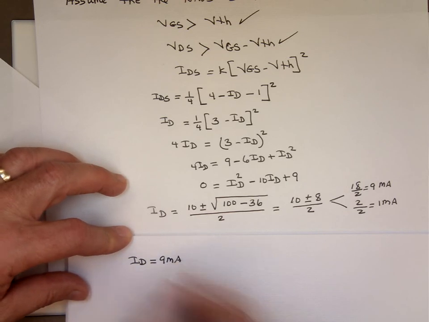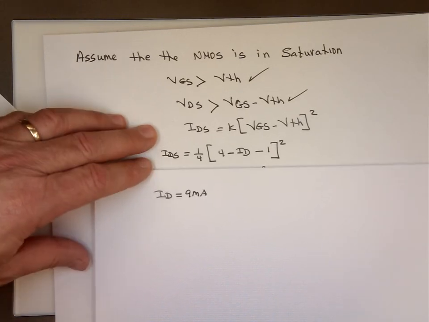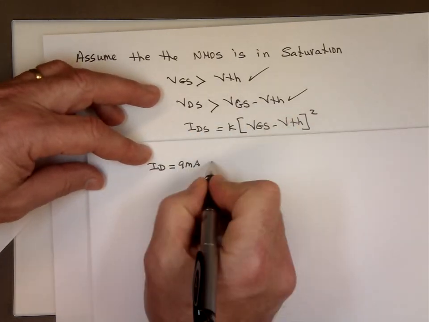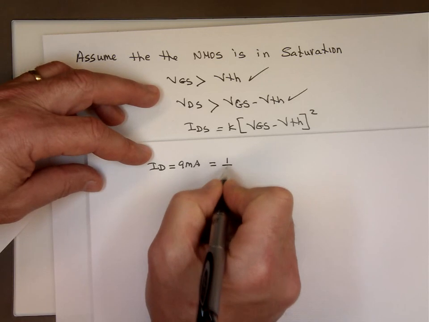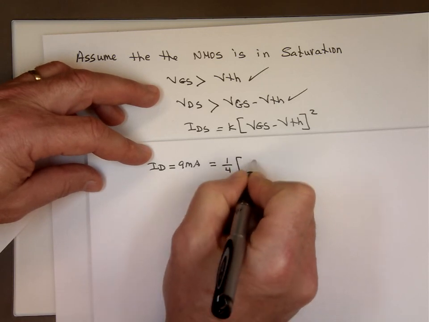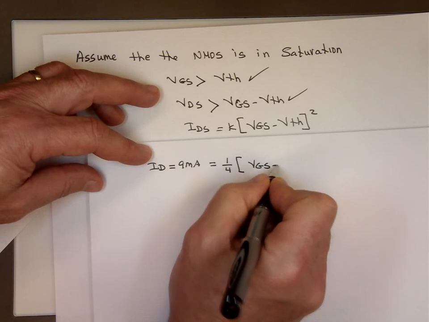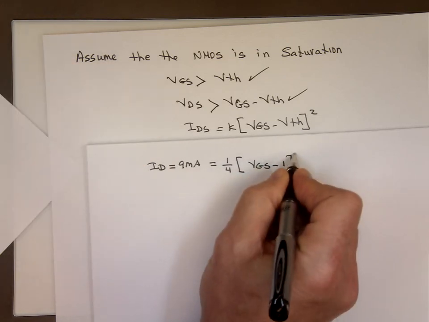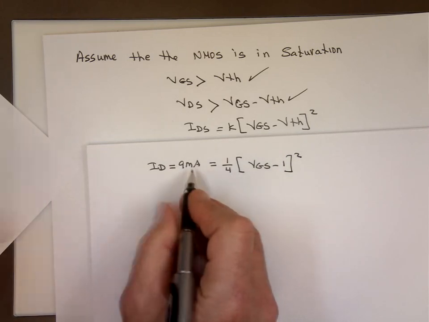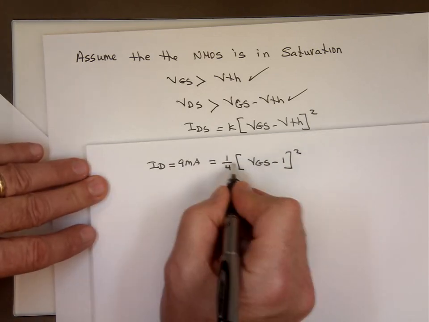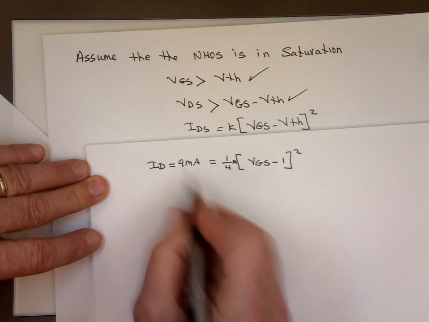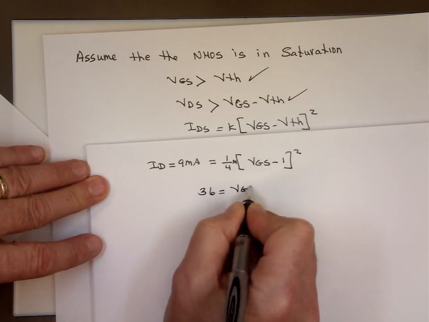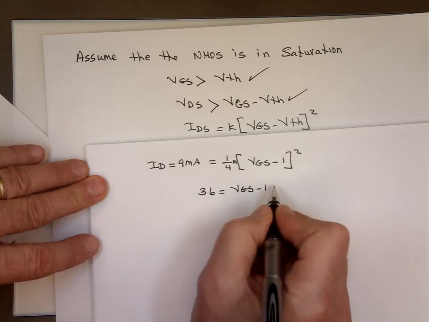If you plug it directly into this equation, 9 milliamp is going to equal 1/4 times VGS minus the threshold, which is 1, squared. Multiply by 4, the millis will cancel. 4 times 9, 36, equals VGS minus 1 squared.